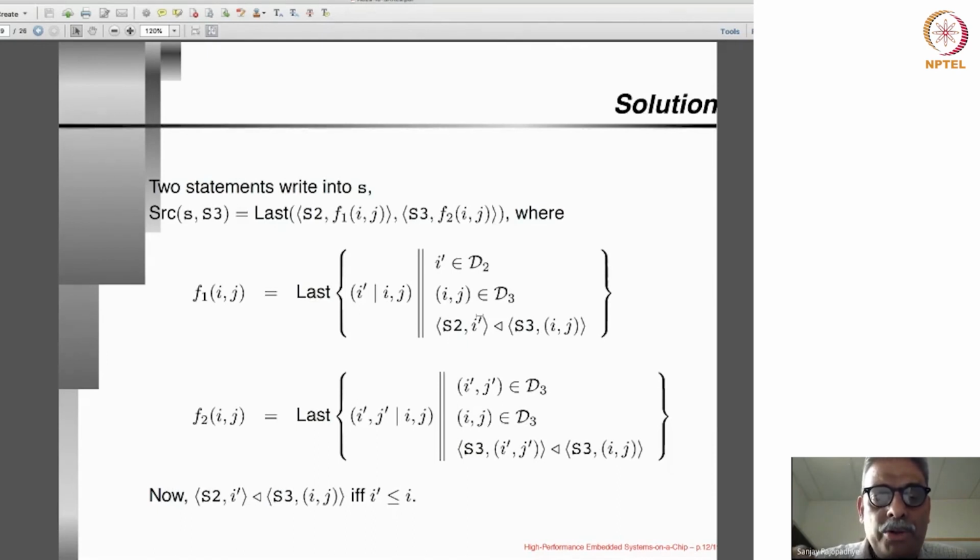Now, what we are going to do is that in the first function, we're going to look at the inequalities that we get out of that last execution order.